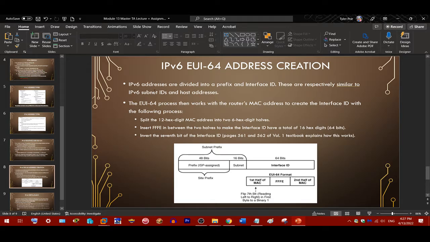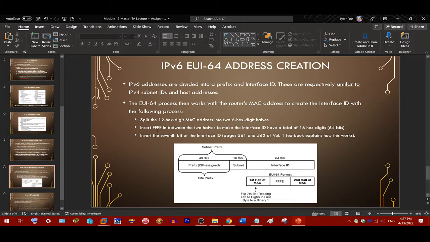IPv6 addresses are divided into a prefix and interface ID, similar to IPv4 subnet IDs and then your addresses within those subnets. The EUI-64 process then works with the router's MAC address to create the interface ID with the following process.